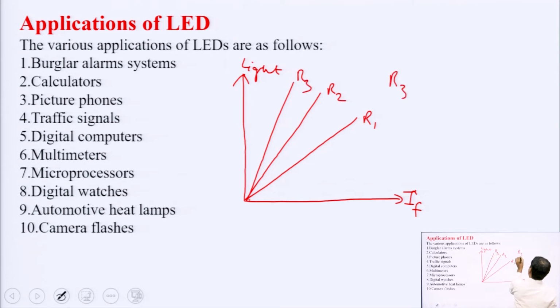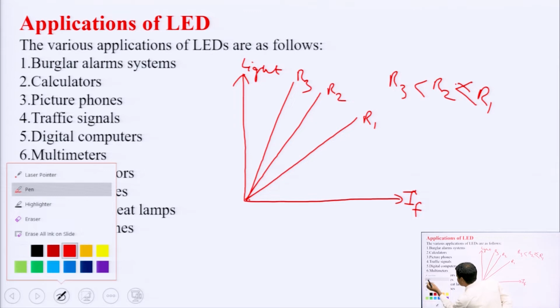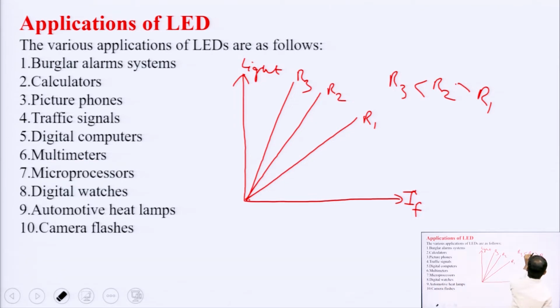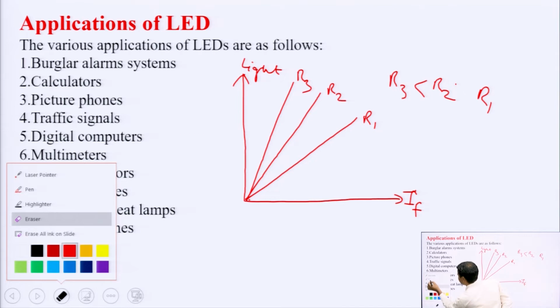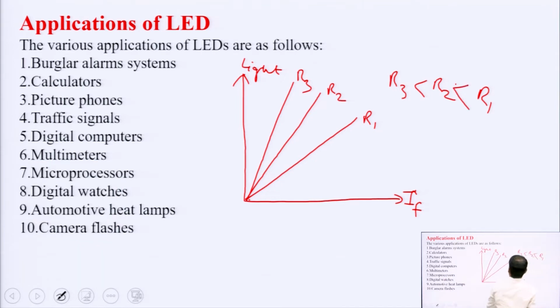Here R3 is less than R2, which is less than R1. This means if the value of resistance decreases, the forward current will also increase. If R decreases, then forward current increases. This means the light will increase. So this is the relation between the forward current and light for various values of resistance.